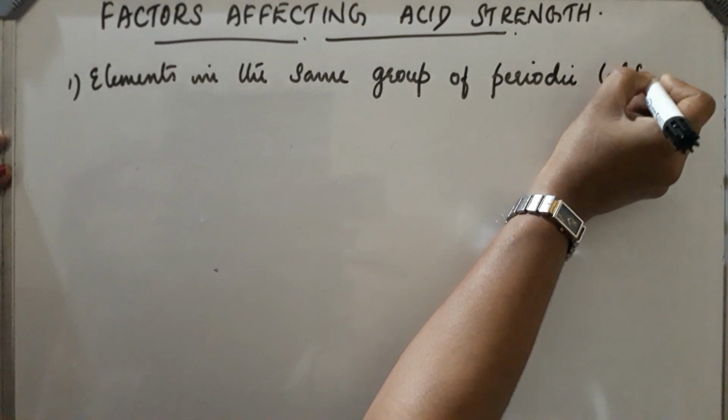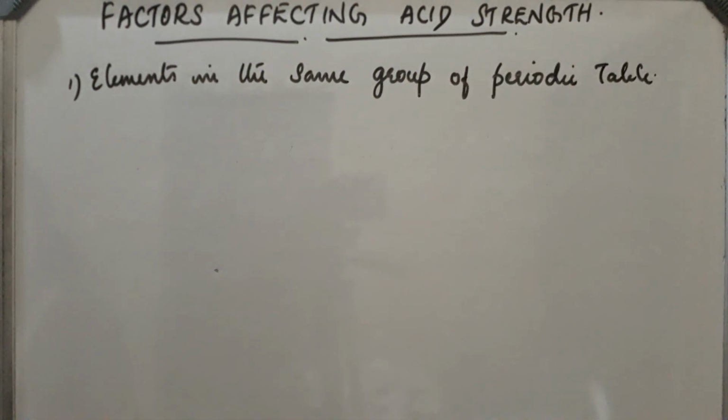What happens? We know bond strength, in this case, dominates over polarity.